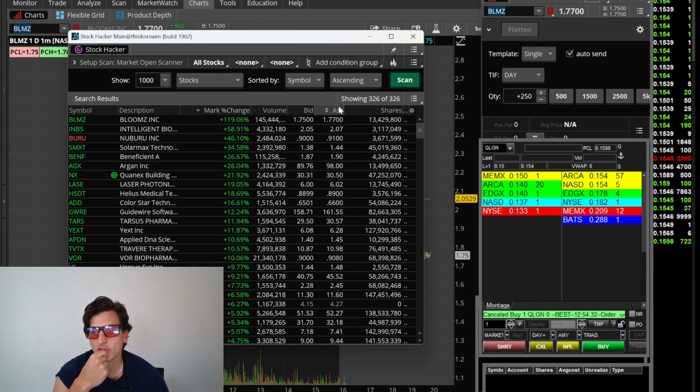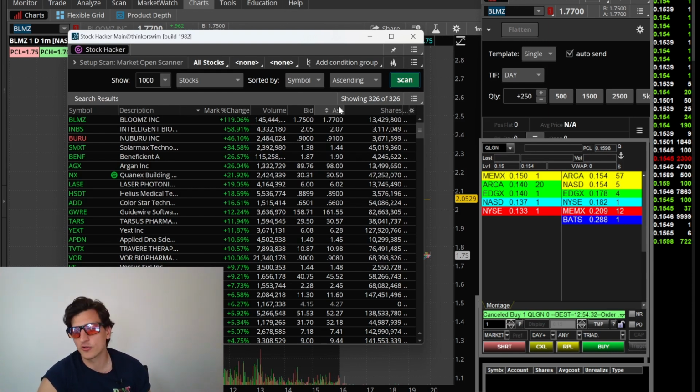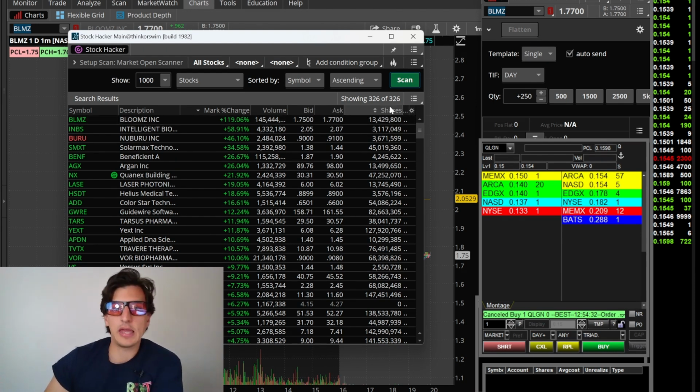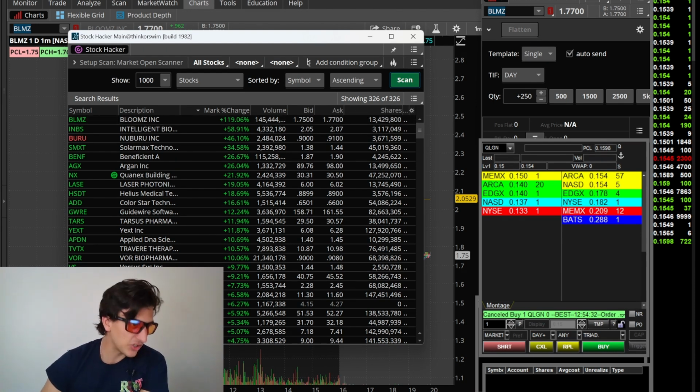Float is the amount of shares able to be traded on the market today, and that's always changing based upon if some institution starts to sell or buy shares, or an insider starts to buy or sell shares. That will change. Also, offerings will change the float, as well as share buybacks. So this isn't the float, and unfortunately, Thinkorswim doesn't have a data point here for float, which I wish they did.